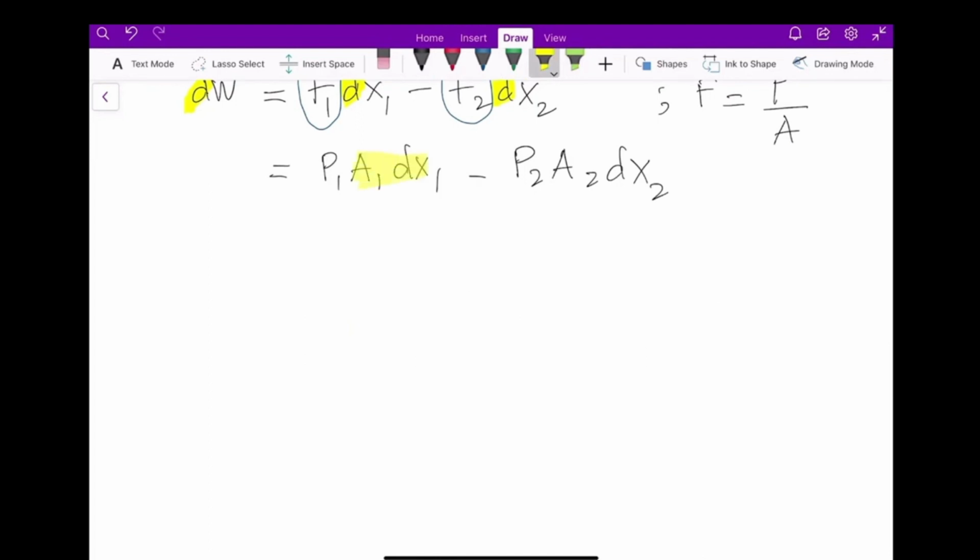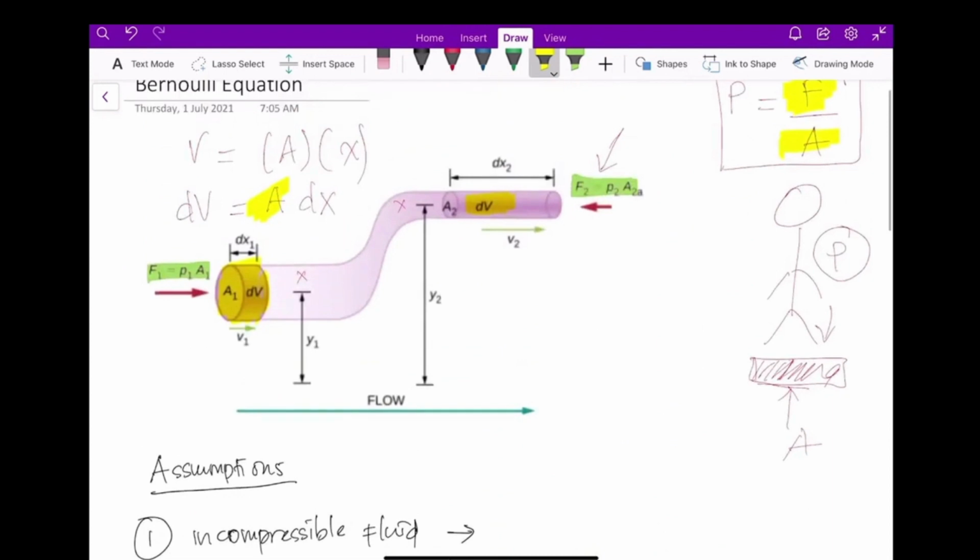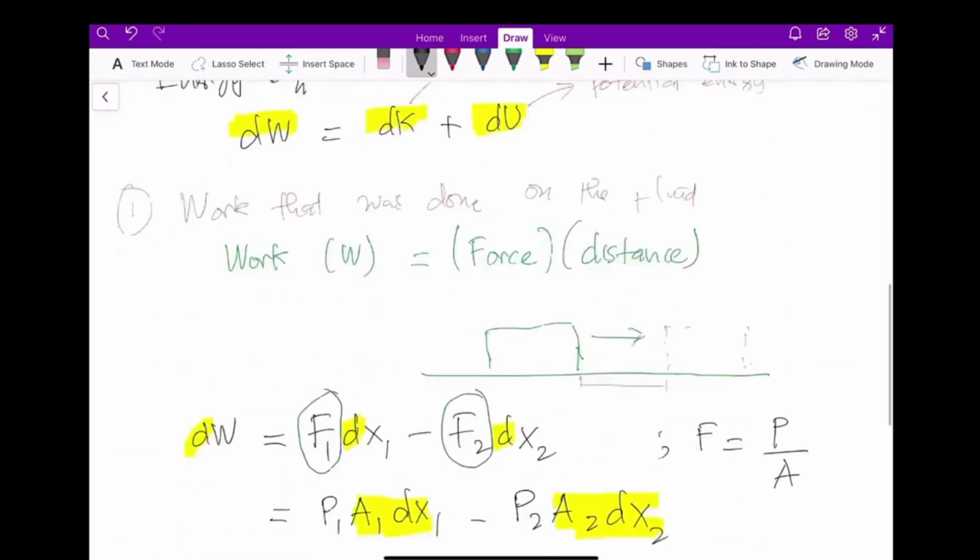property here. We have A1 dx1, and A2 dx2. Earlier, I wrote this expression: A multiplied by dx equals dV. So it's just a simple comparison. You know that volume is basically equal to area multiplied by the length or distance.